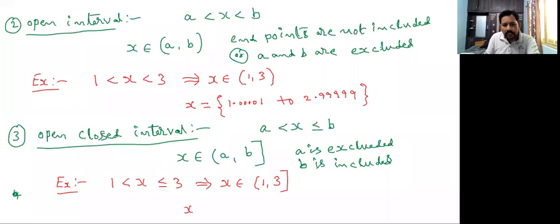That means x values we can take are 1.00001 up to 3, more than 1 up to 3.